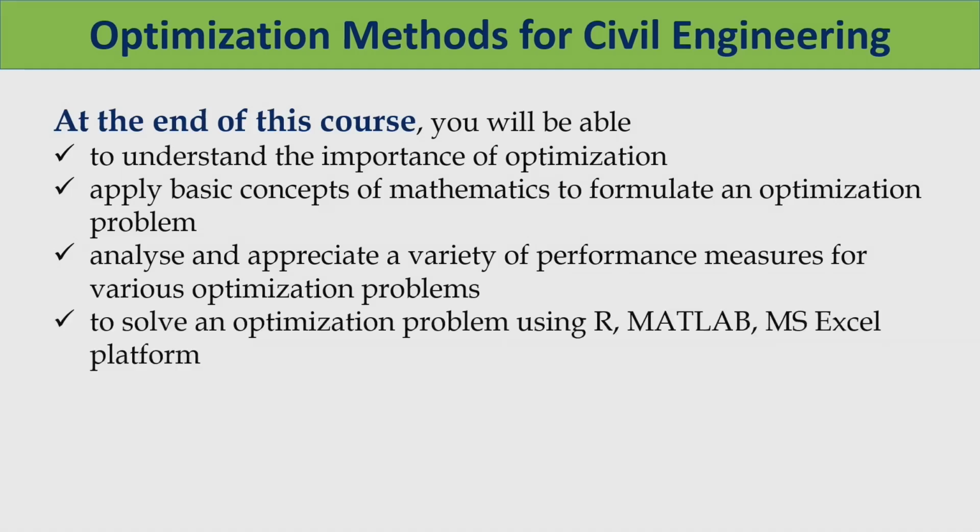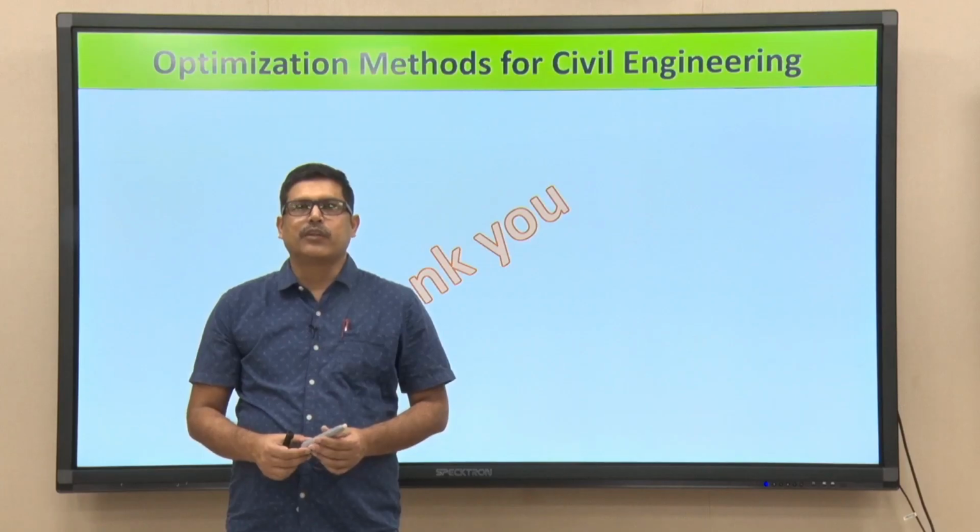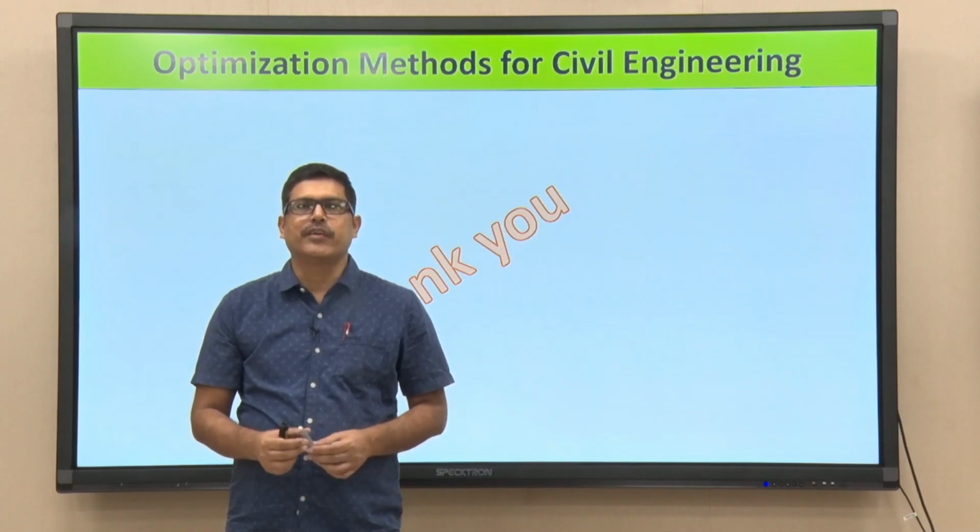You will be able to solve an optimization problem using R, MATLAB, MS Excel platform. This will also encourage you to use optimization techniques to solve real world civil engineering design and planning problems, and I hope it will promote research interest in optimization techniques. So, this is all about the course on optimization methods for civil engineering.